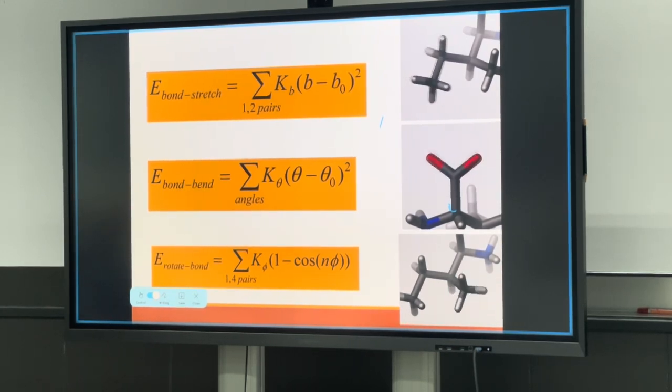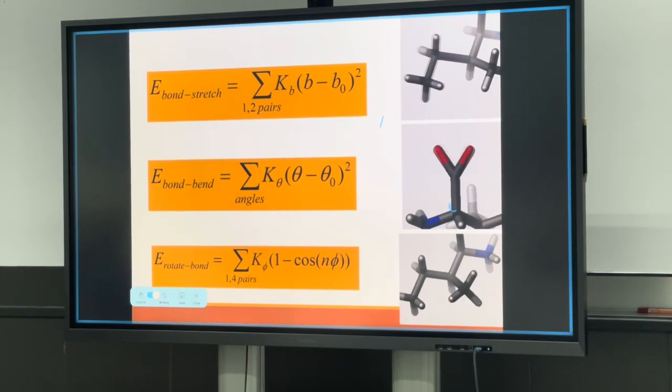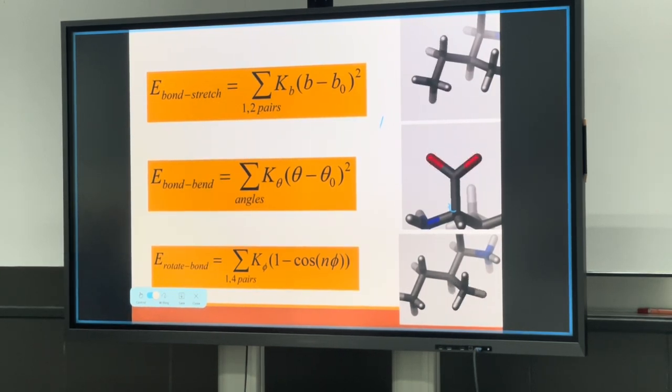Well, the one that was on the slide before, van der Waals or Lennard-Jones, and then maybe Coulomb interaction. And the trick is now, this is full of coefficients. You have this KB and K theta and K something, and these charges that appear in the Coulomb, and the A and B, or epsilon and sigma in the Lennard-Jones.